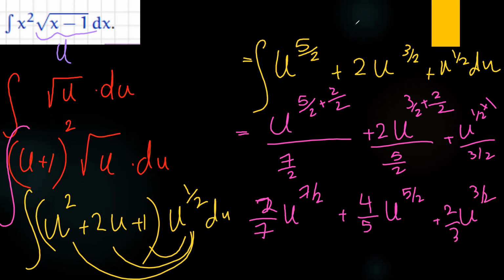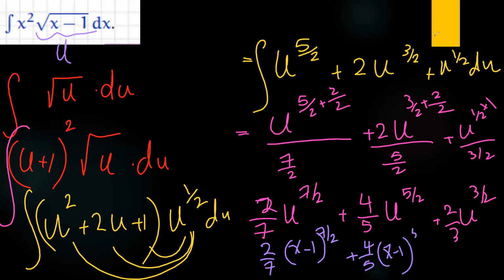Then we need to replace u, so it is 2 over 7 x minus 1 to the power 7 over 2, plus 4 over 5 x minus 1 to the power 5 over 2, plus 2 over 3 x minus 1 to the power 3 over 2, plus c.